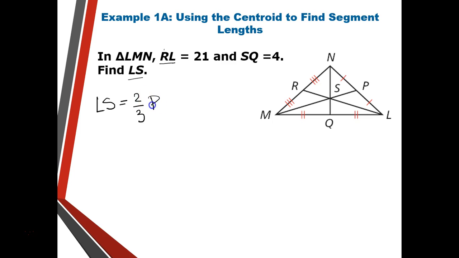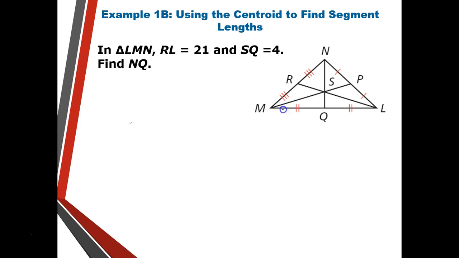Okay, so LS is what we're asked to find, and LS is equal to 2/3 times RL, which is 21. And if you do this calculation, you will see that we have 14 as our answer. So LS is equal to 14.